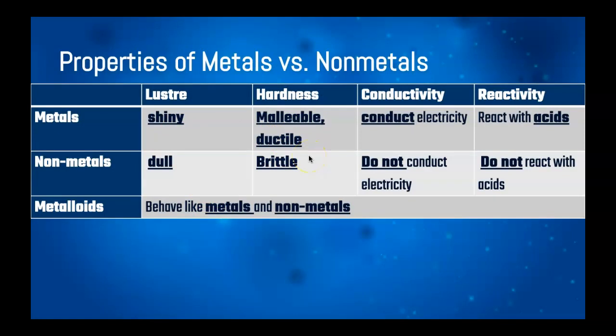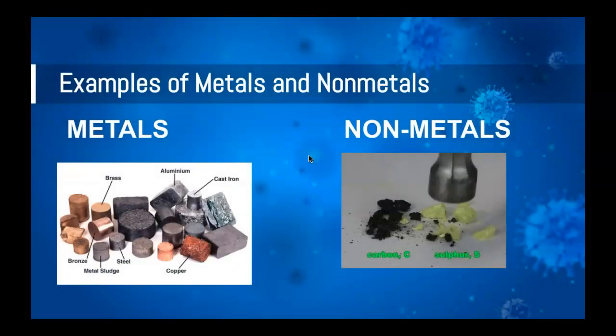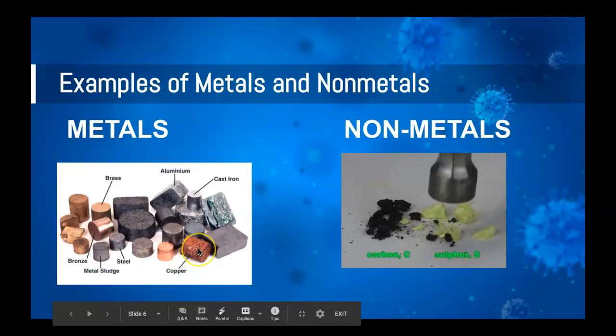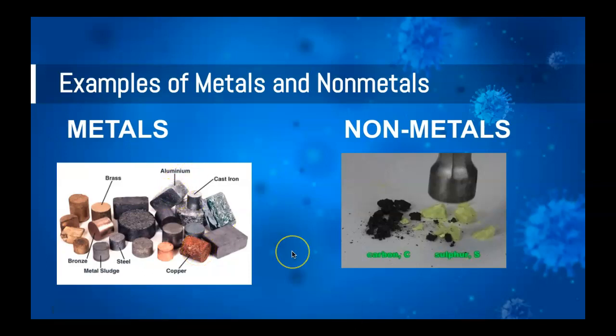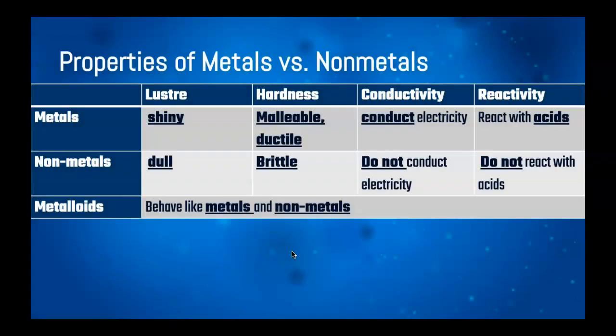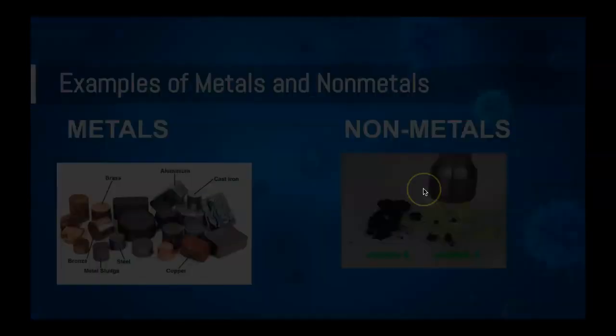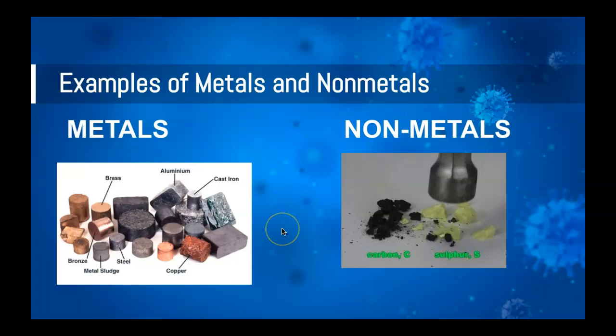Lead, for example, you can flatten out into sheets. Conduct electricity: things like copper we find in wires. Gold is also commonly found in wires. Aluminum is also found in wires. And then reactivity with acids. Acid etching is a fairly common practice, but not something you'd probably be very familiar with.